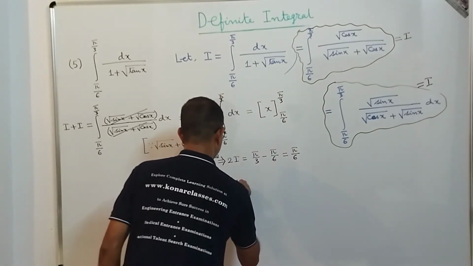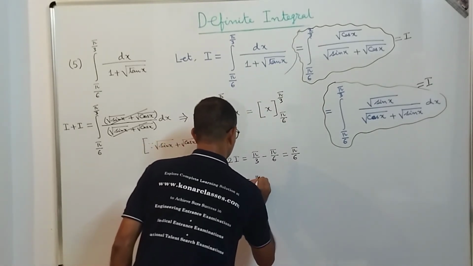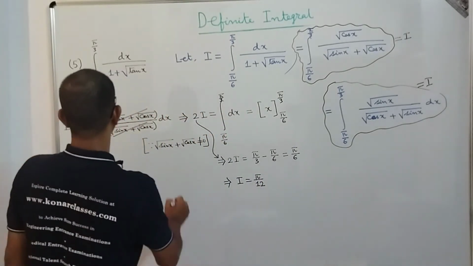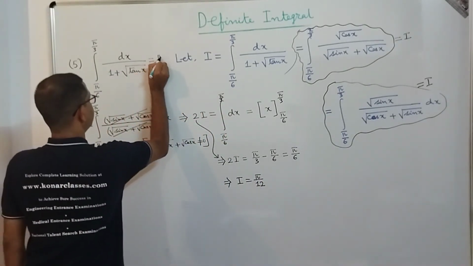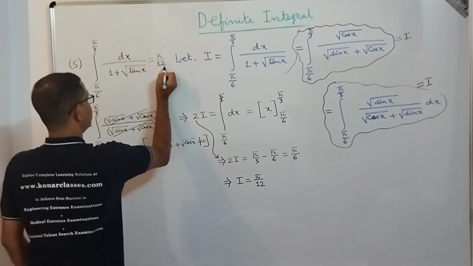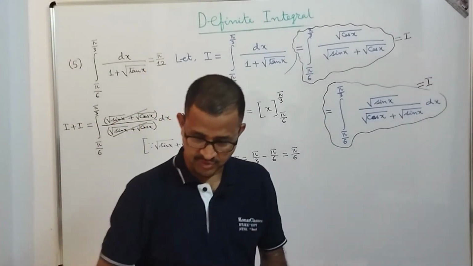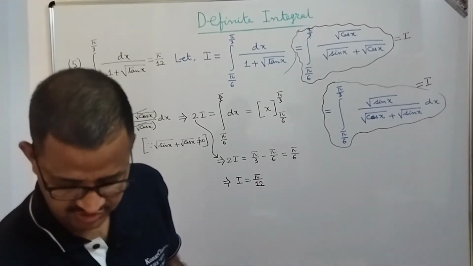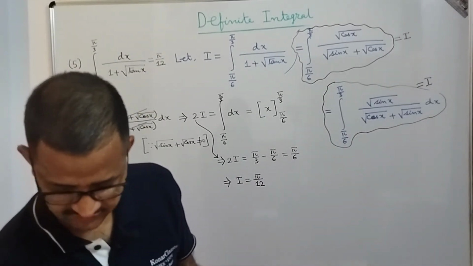So from here we get the value of I is equal to pi by 12. So the value of the given integration is pi by 12. I hope you got a very clear idea, dear students. Now let's look into the next question, and that is the last question for today.